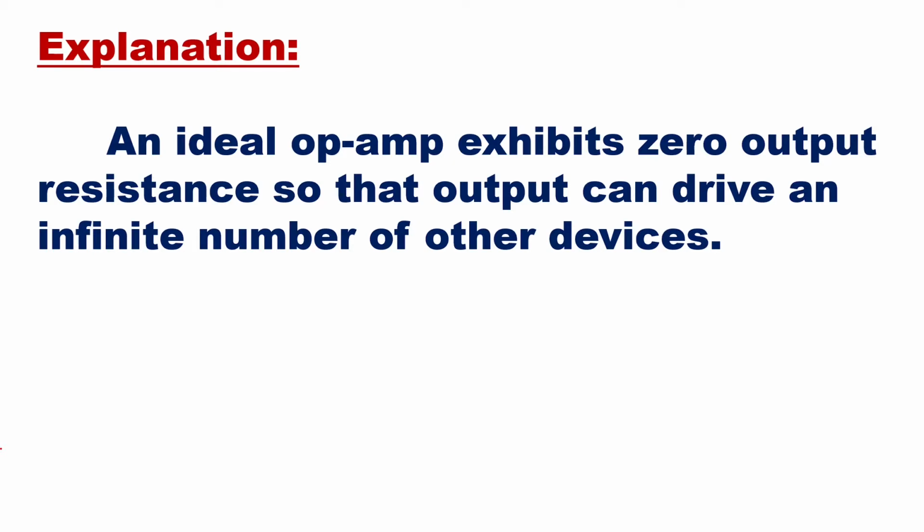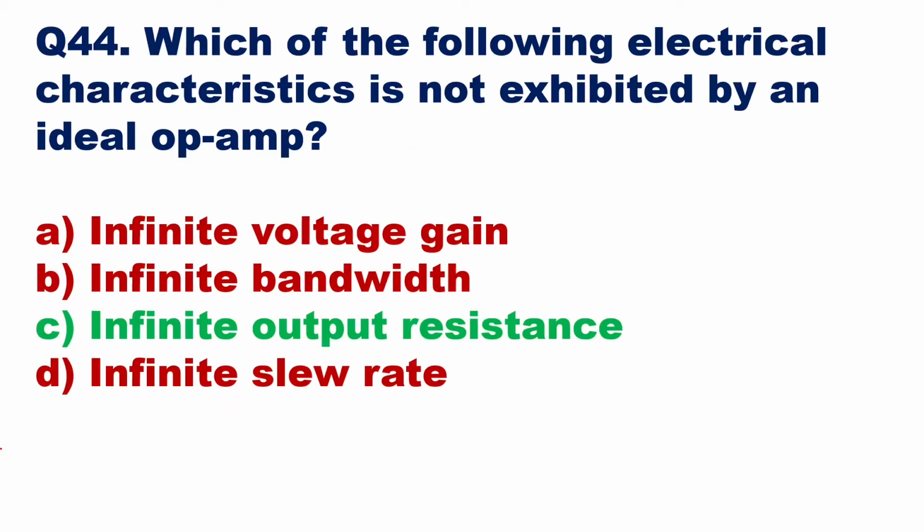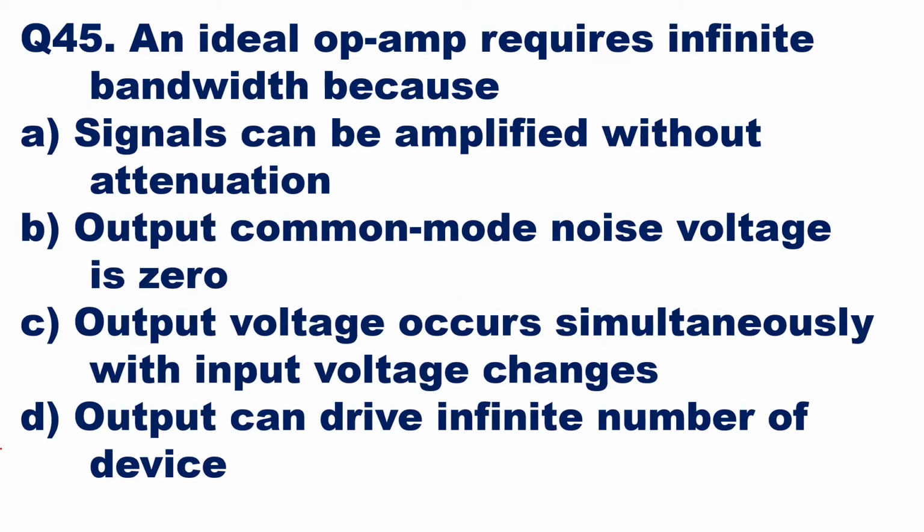Then that device becomes an ideal device to drive or to connect any of the other stages. So here you can see the answer. Which of the following electrical characteristics is not exhibited by an ideal op-amp? Then the answer is option C, infinite output resistance. Infinite output resistance is not the characteristic of an ideal op-amp, because ideal op-amp has low output resistance or zero output resistance. Then we'll go to the next question, question number 45.